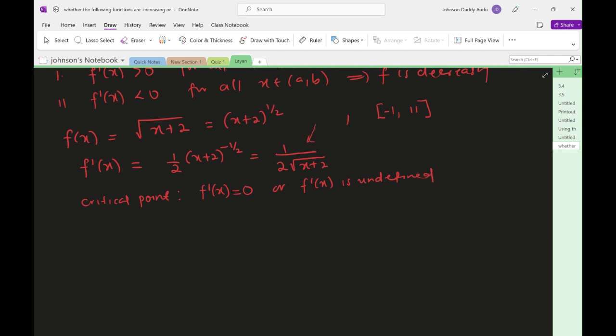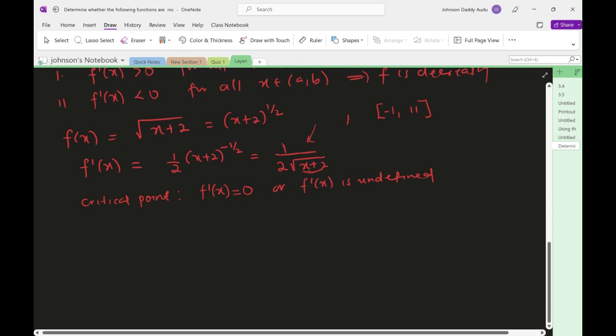If you look at this, the only critical value is what makes this undefined. f prime of x cannot be 0 because in the numerator you have only 1.